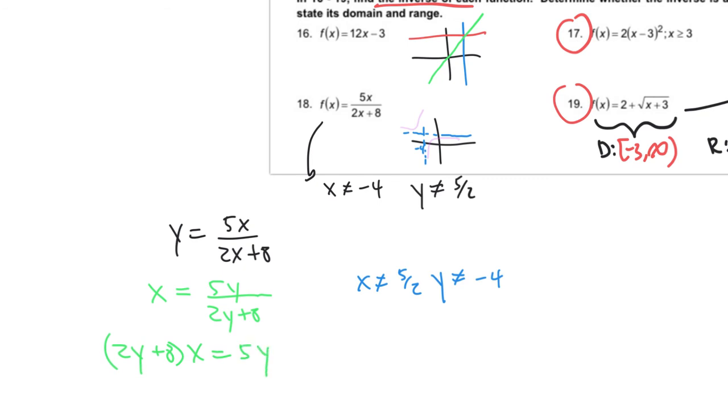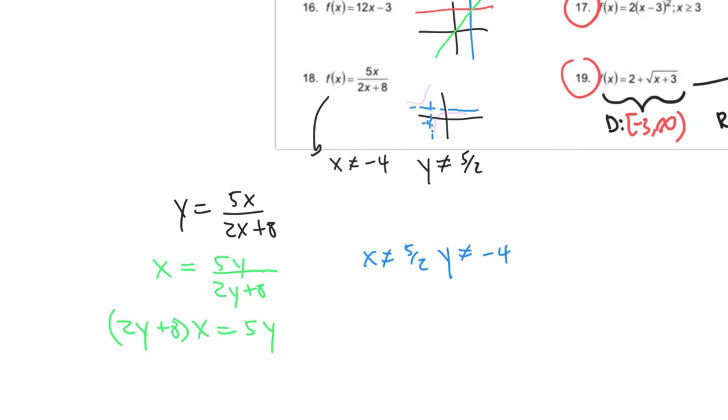And therefore, we would have this. And then we could distribute that. It's looking like that's what we need to do. So this would become 2xy plus 8x equals 5y.